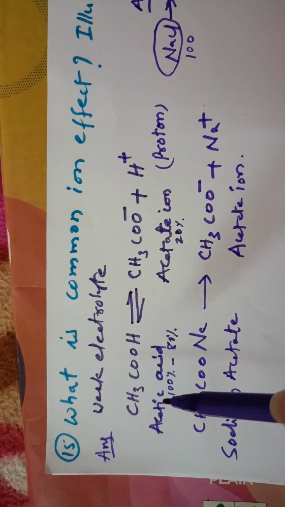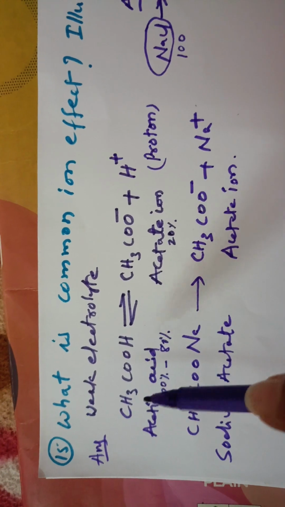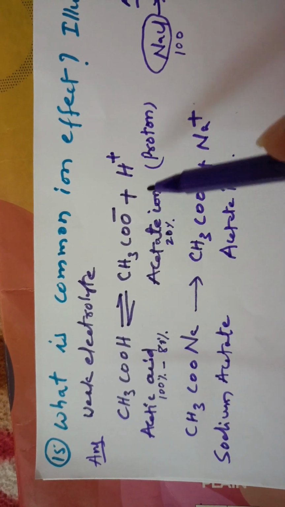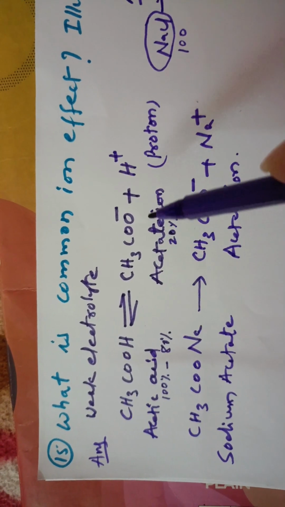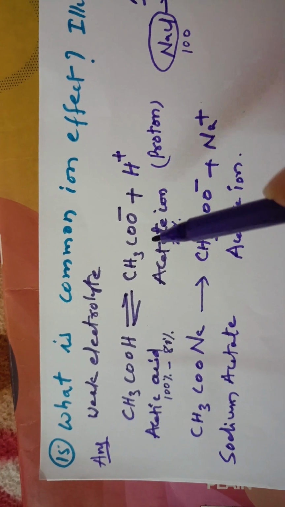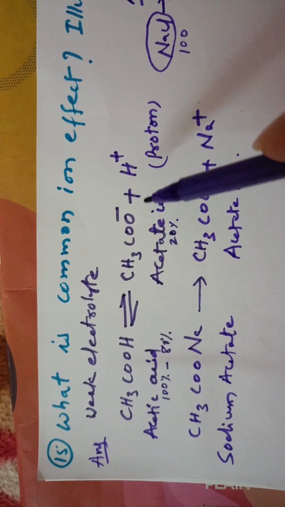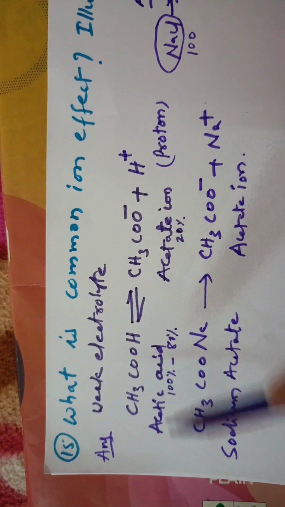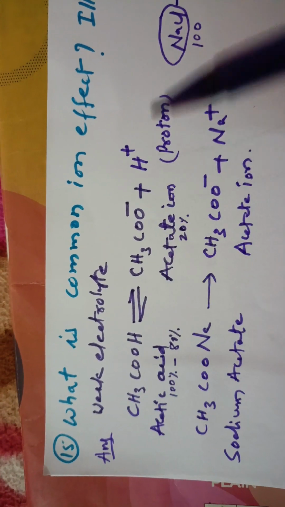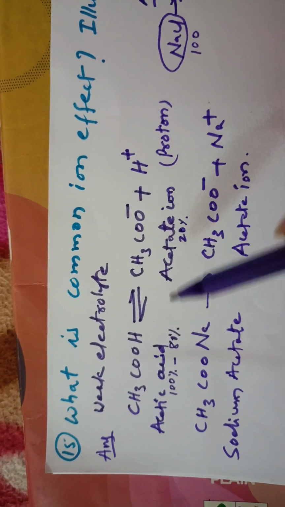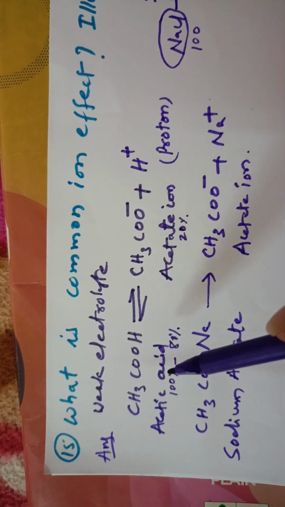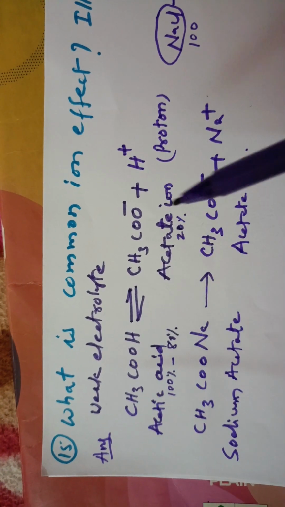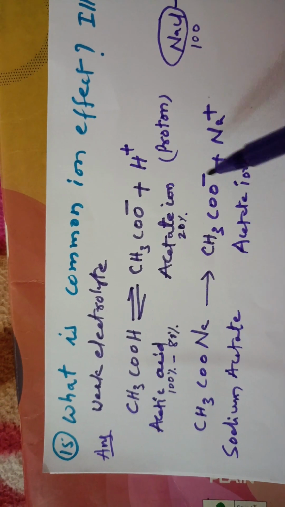That means the degree of dissociation of acetic acid is decreasing, because the backward reaction is happening and acetic acid is forming again because of this common ion effect.